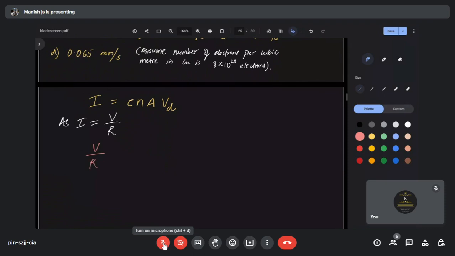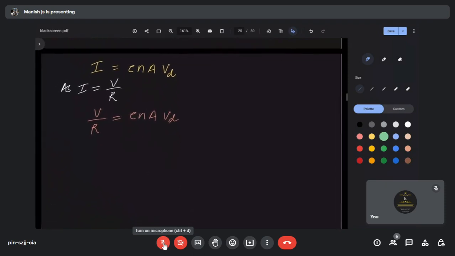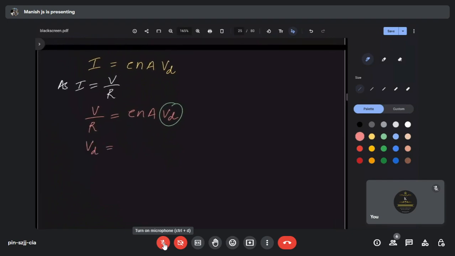So simply you can write V by R is equal to ENA VD. Now you want VD. Keep VD on one side, shift all other terms to the other side. So what do you get when you do the shifting? VD is equal to V upon ENAR. This is what you get.